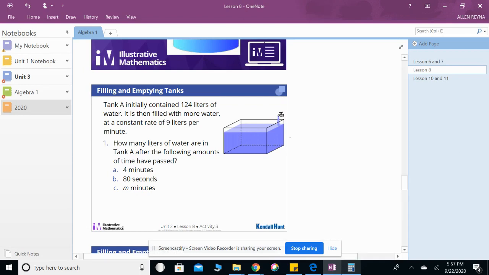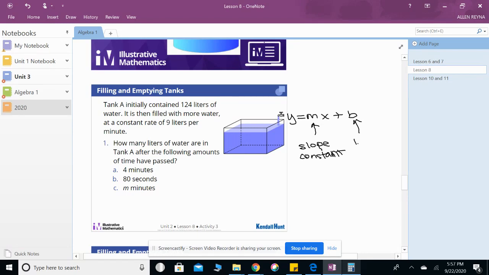If you guys remember slope-intercept form, that was y equals mx plus b. Do you guys remember what m stands for? What about b? Well, m is your slope, so this is your constant increase or decrease.